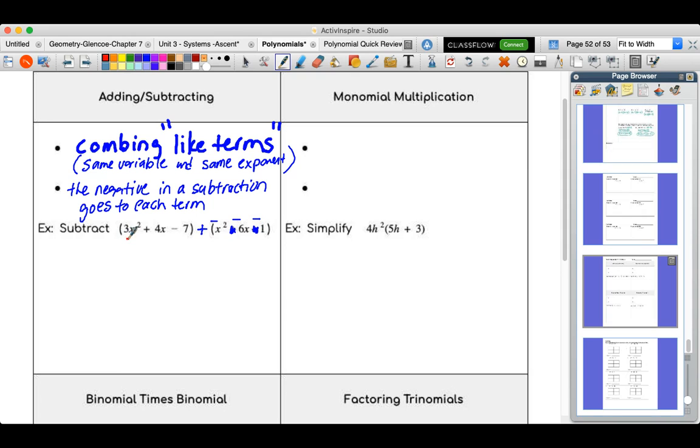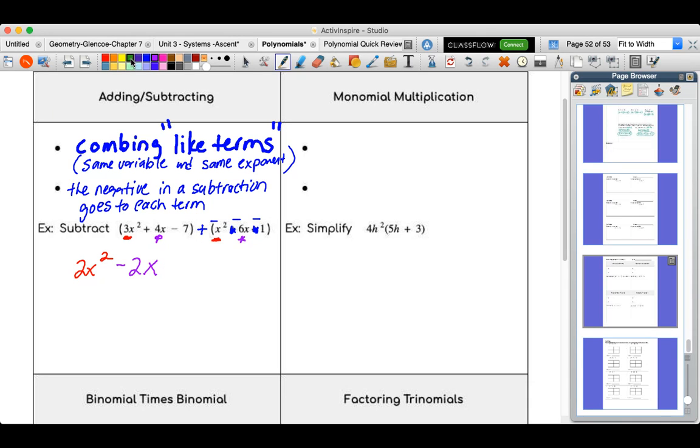So thinking about combining our 3x squared minus x squared, that would be 2x squared. And then combining our x terms here, we have 4x minus 6x, so that would be a minus 2x, 4x minus 6x, or plus -6x.